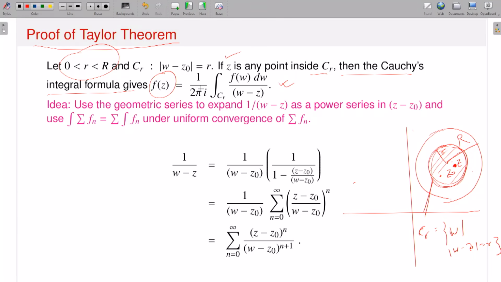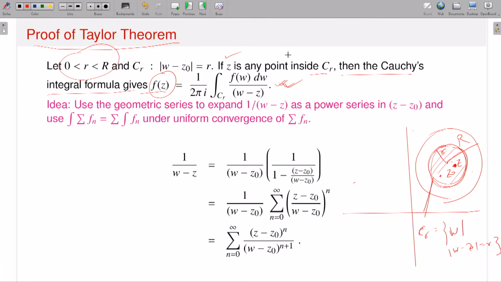So this is nothing but 1 by 2 pi i, the integral over C_r of f(w) divided by (w - z) dw. That is by Cauchy's integral formula. But what I need is the series expansion of my function f around the point z0. Now I have, for any z inside here, f(z) written in this way.